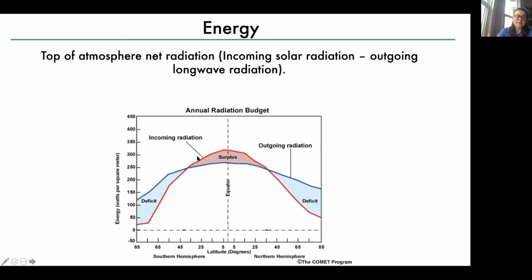And we can see that most of the incoming radiation is actually coming in at the equator. And a lot of the outgoing radiation is going out at the equator, but the curve of this outgoing radiation line is much flatter than the incoming radiation. So actually at the poles is where we get more outgoing radiation than incoming radiation, whereas at the equator we have a surplus of incoming radiation compared to outgoing radiation.